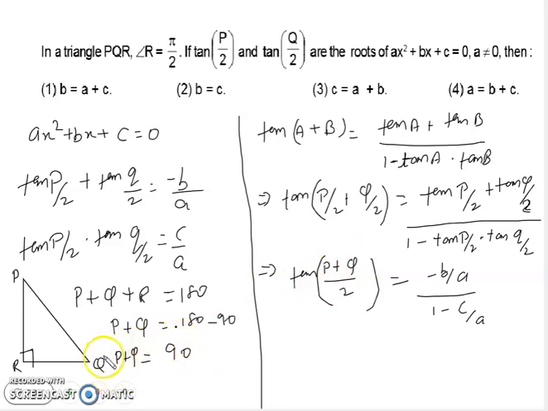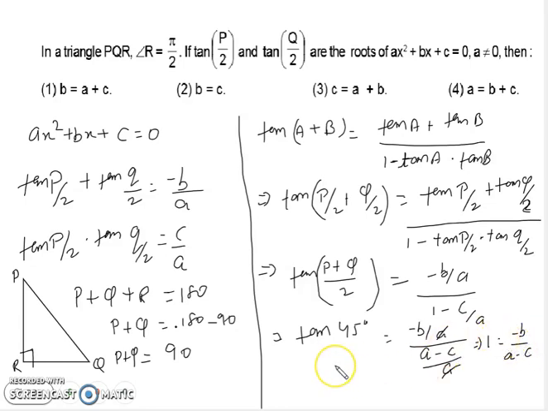And what is the value of P plus Q? We have P plus Q equal to 90 degree, so directly we can write 90 degree by 2 equal to 45 degree, and it becomes minus b by a divided by a minus c by a, and after dividing you will get the value 1 is equal to minus b by a minus c, right?